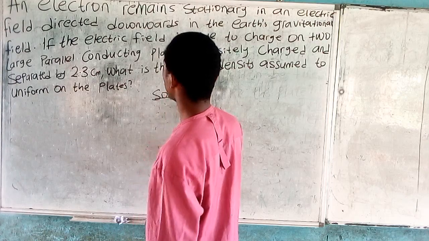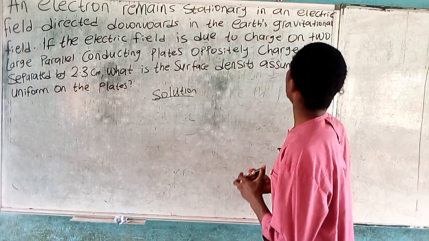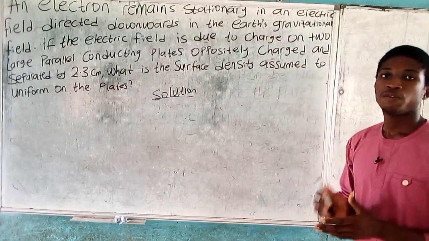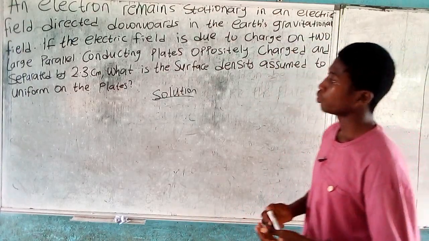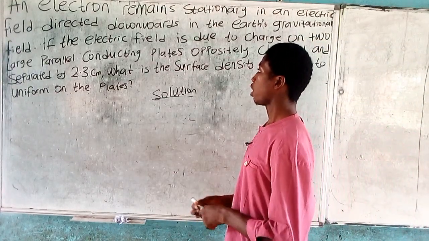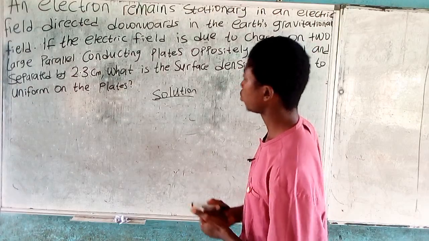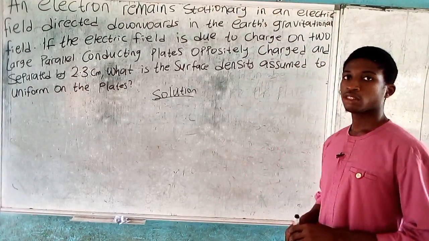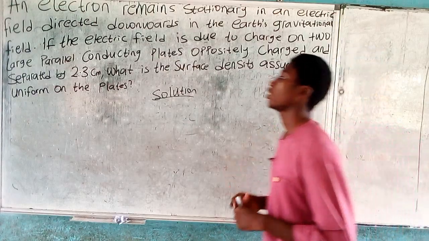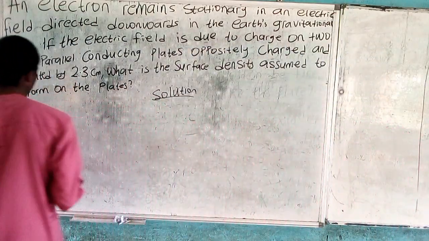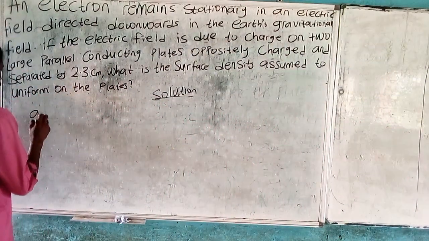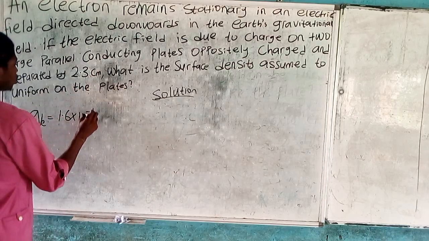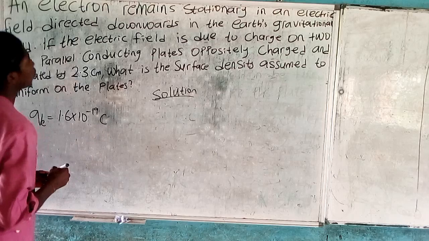How do you solve this question? Now what is given to us? Very few constants. It's an electron, so since a particle is being specified, you should know that we should expect the electron charge, which is 1.6 times 10 to the power negative 19 coulomb, alright?